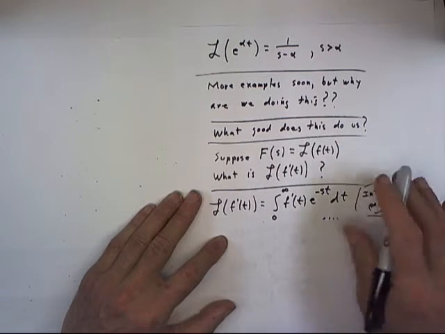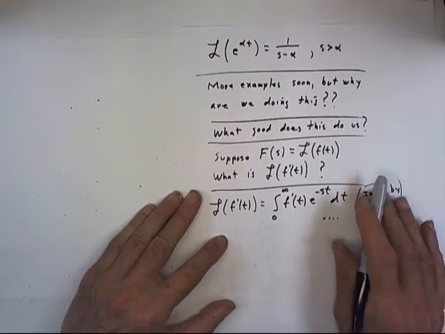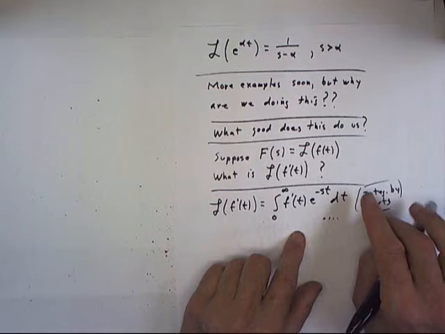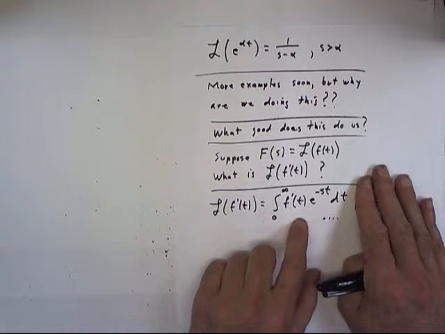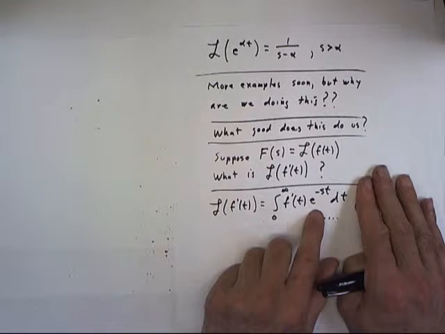So what do we do with this? Now you might have read ahead, but if we look at this without knowing where we're going, what do you generally do when you have something multiplied by an exponential function and you're trying to integrate it? It's easy to take the derivative or to integrate an exponential function.